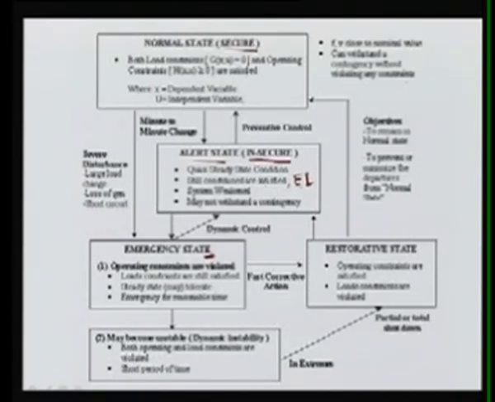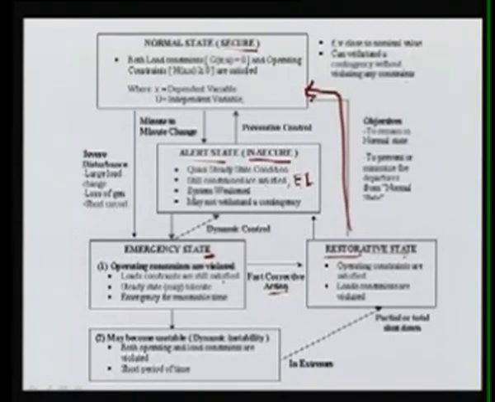Operating constraints are violated while load constraints are still satisfied; the steady state may tolerate emergency for a reasonable time. So we require fast corrective action, and then we can come into the restorative state, and from the restorative state we can come back to the normal state.